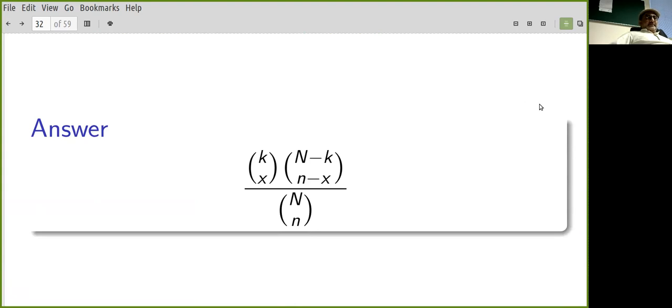Okay, so basically as we've generalized along the way, we get to this probability, and that's basically how we're defining the hypergeometric random variable.